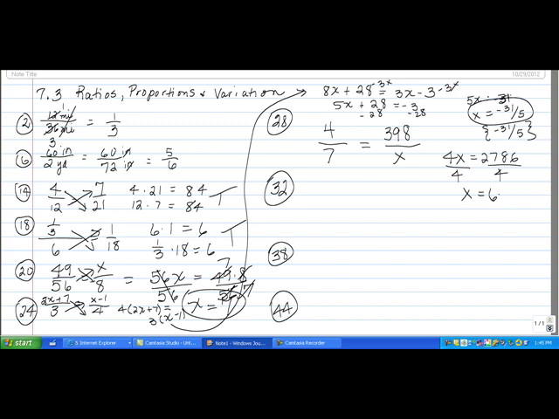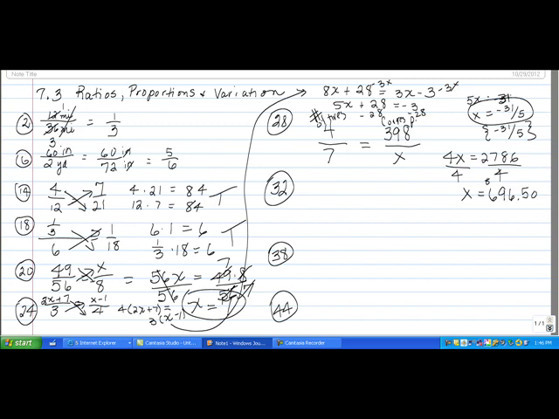So that would be how much we would have to pay. So you'll notice what I'm doing here is the number of tires and their corresponding price. You could also set it up as 4 over 3.98 equals 7 over x. It's going to end up giving you the same result.